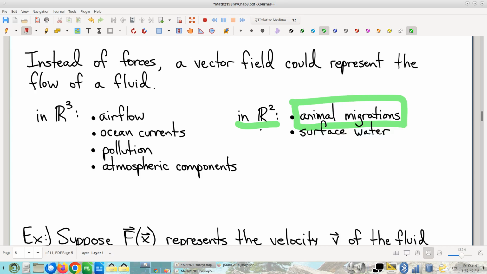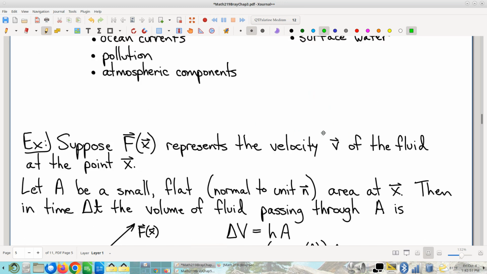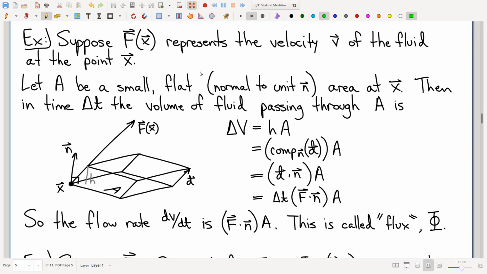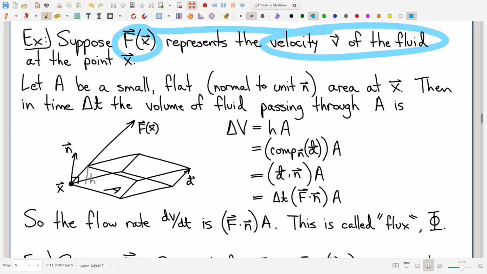Okay, so here's the big first question I want to ask. And this is prepping for something that we're going to spend a lot of time with once we get into Chapter 7. But I'm just going to pose this as a natural and reasonable question to ask. Suppose you have a vector field representing the velocity of a fluid. So we've got some sort of a fluid flow.